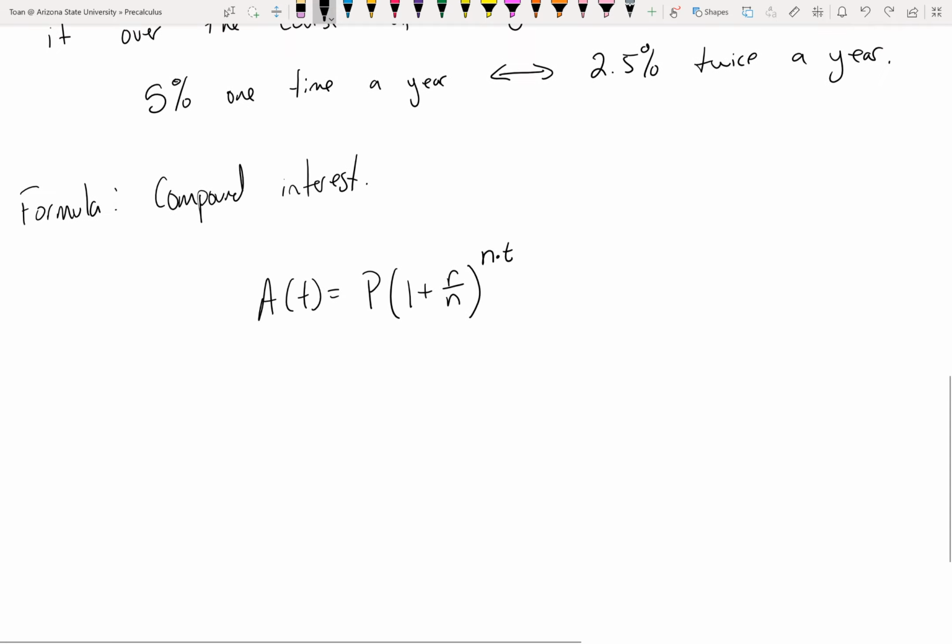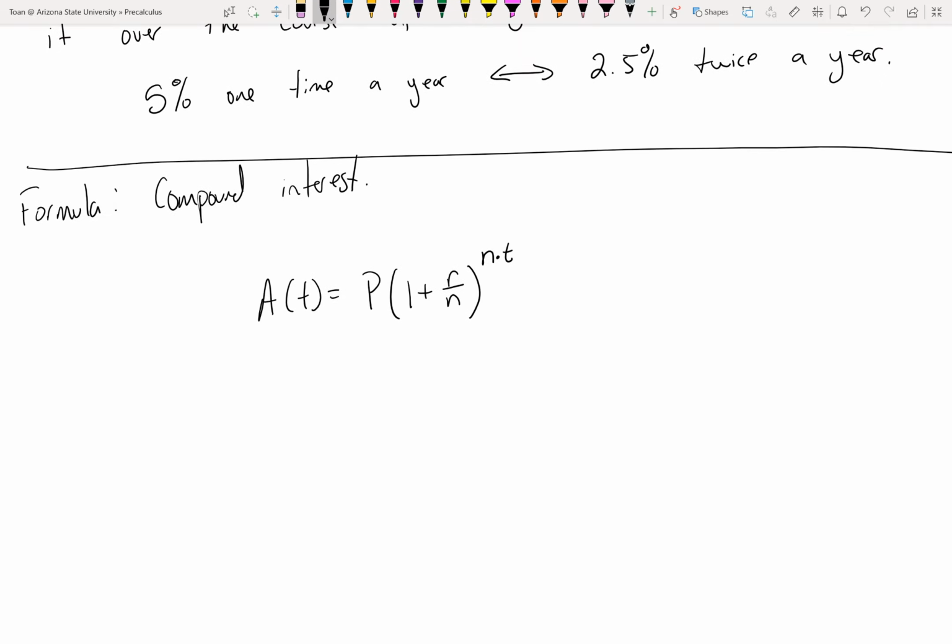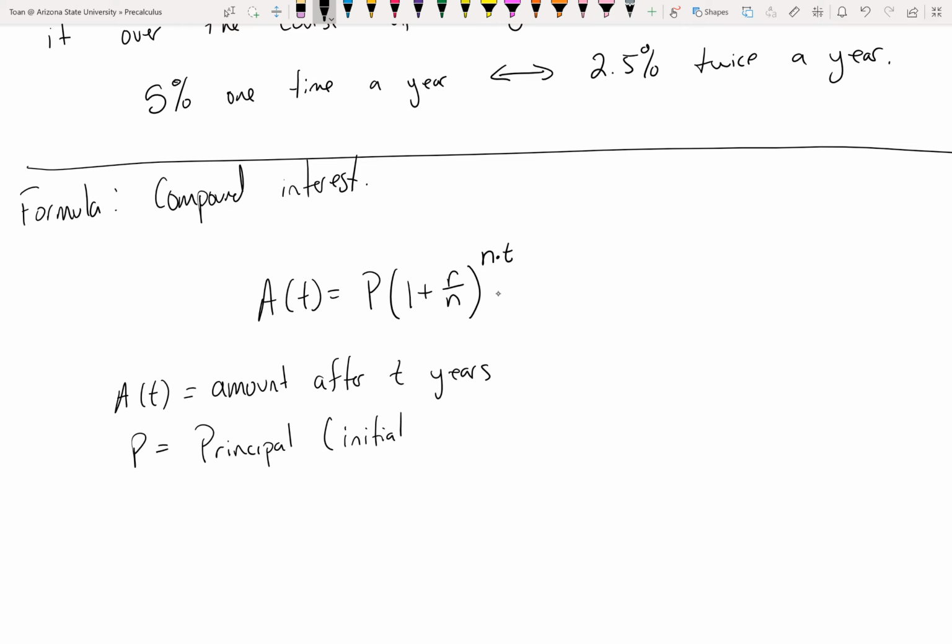Let's define what all these pieces mean. So I've already said A of t, that's the total amount, so that's the amount after t years. P, we said, was the principal, which is another word for the initial amount. R is the interest rate.